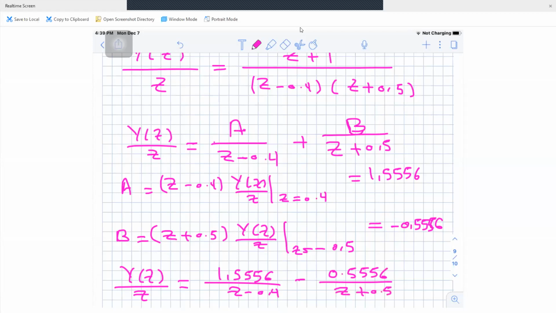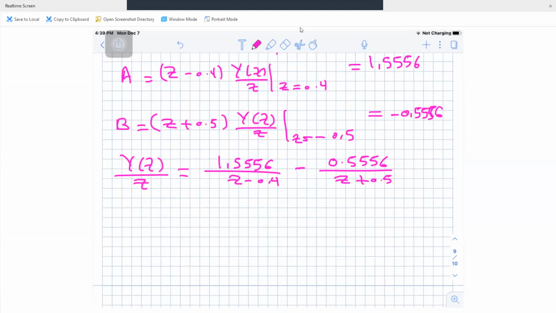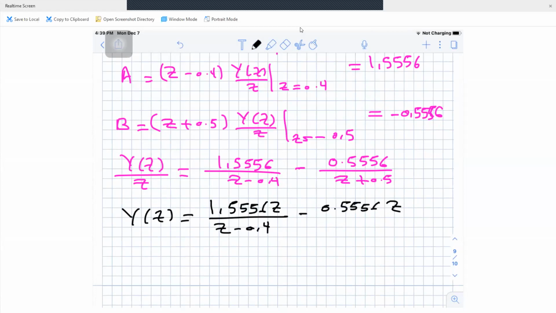Now we can bring the z back to the equation, and here we have Y(z) equals 1.5556z/(z - 0.4) - 0.5556z/(z + 0.5). Now we can determine the inverse z transformation for both sides of the equation.